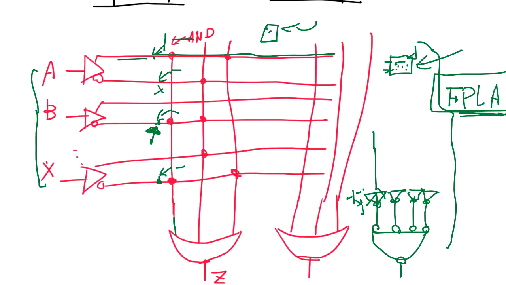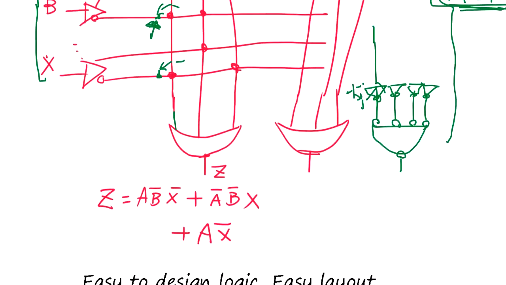Okay, so that's a kind of design often used, and this is much more manageable because you have an equation. If debugging is necessary, you find out which part has to be corrected and remake the programmable logic array.